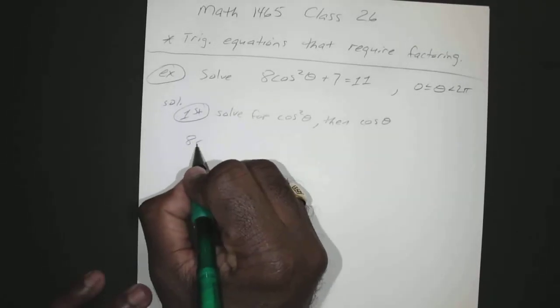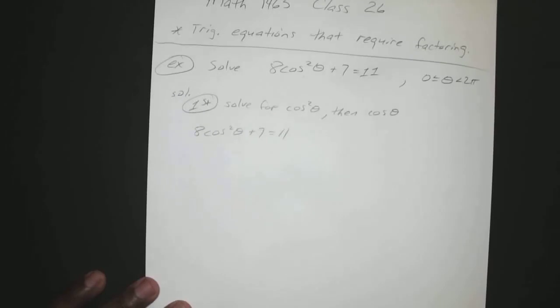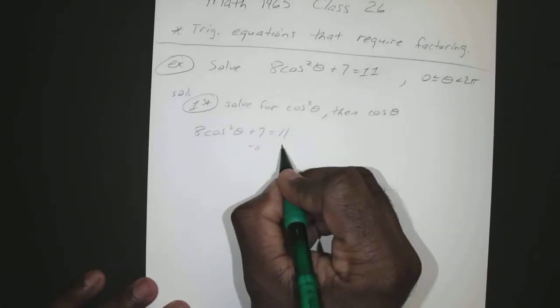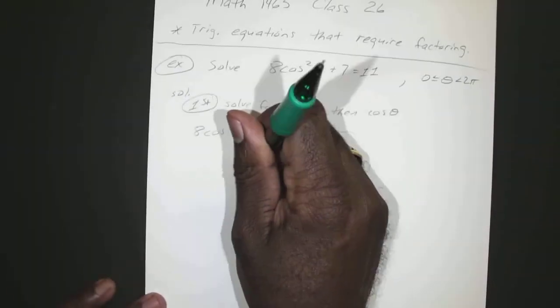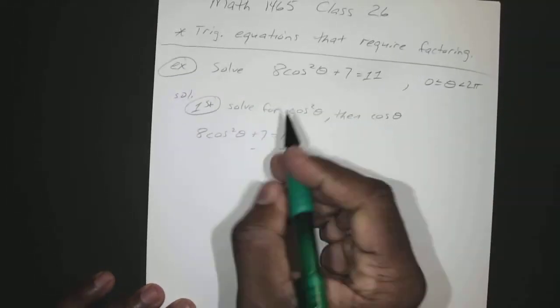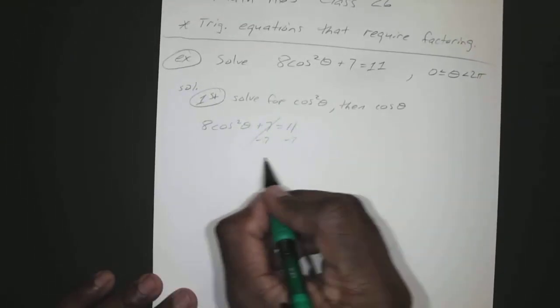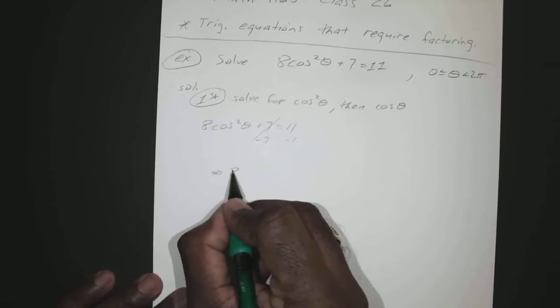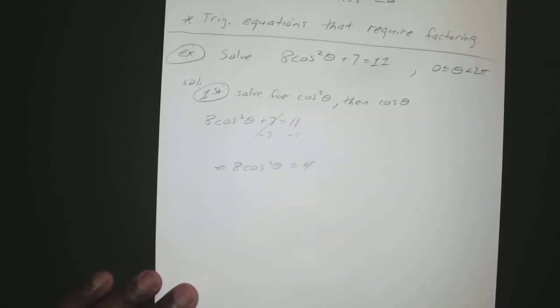Okay, so if we have 8 cosine squared theta plus 7 equals 11, just subtract 11 from both sides. Subtract 7 from both sides. Don't know why I did 11. That cancels out, so we have 8 cosine squared theta equals 4.